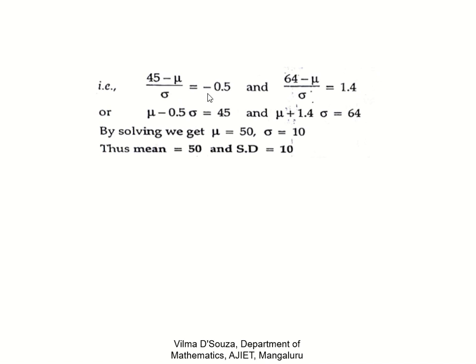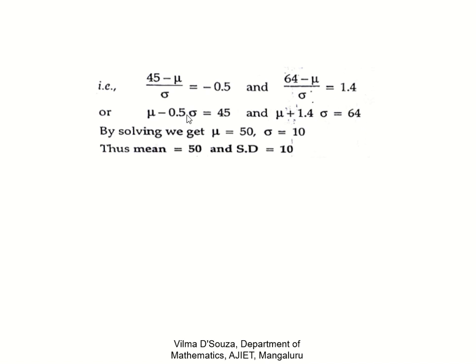Simplify this: 45 minus mu is equal to minus 0.5 sigma, or 45 is equal to mu minus 0.5 sigma. And this is 64 is equal to mu plus 1.4 sigma.